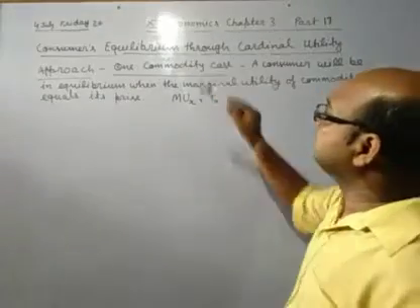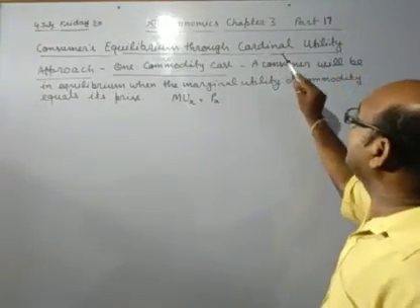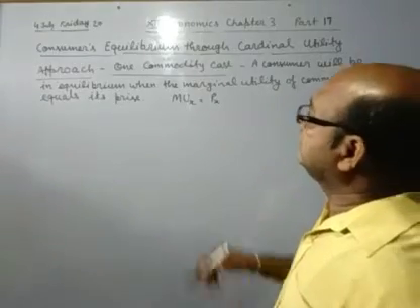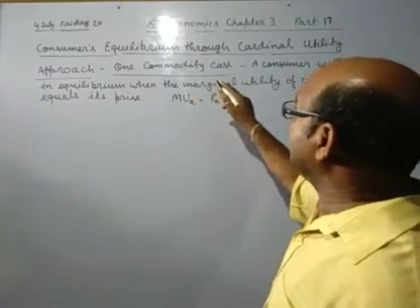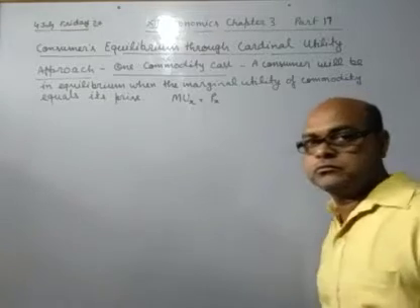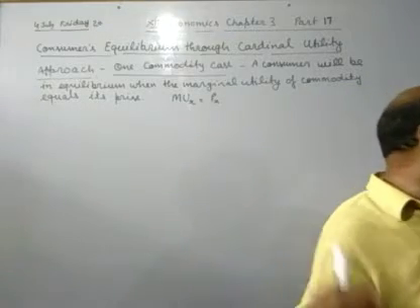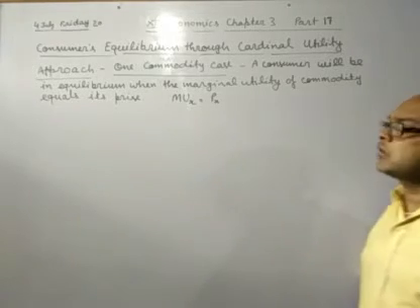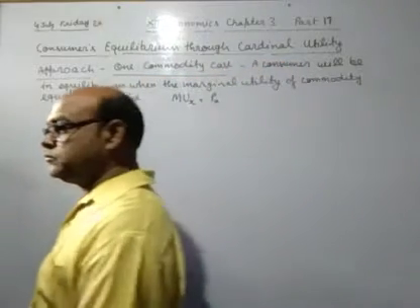Consumer's equilibrium through cardinal utility approach. One commodity case. In the case of one commodity, how will you calculate the consumer equilibrium?